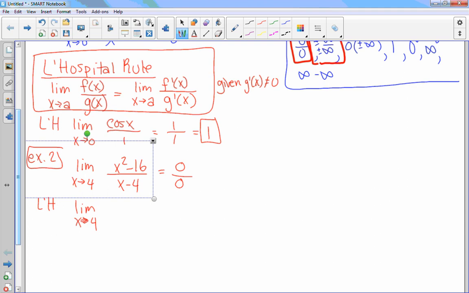Don't try to do a quotient rule. Okay? What's the derivative of the numerator? Okay. And what's the derivative of the denominator? 1. So now if we plug in, we get what as the limit? 8. Boom. You like that? It's pretty sweet. And that's a lot easier.